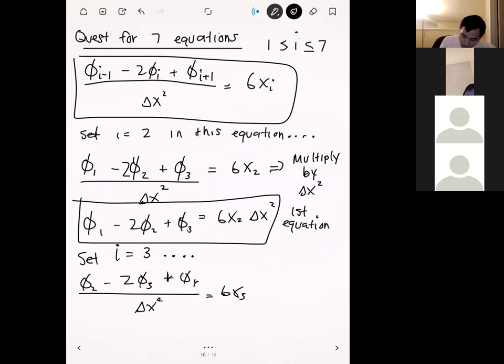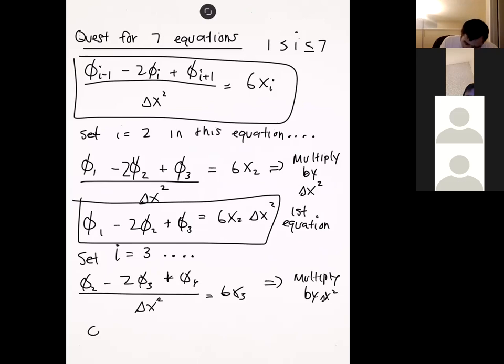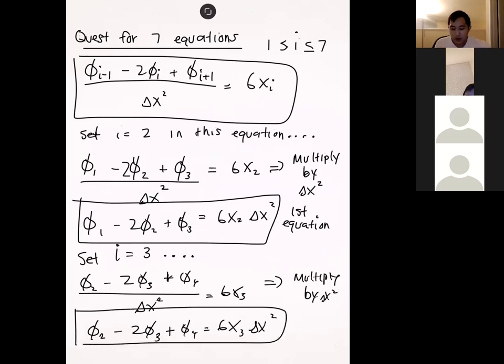We again multiply both sides by delta x squared, and then we get phi 2 minus 2 phi 3 plus phi 4 equal to 6x3 delta x squared. And here we have our second equation.